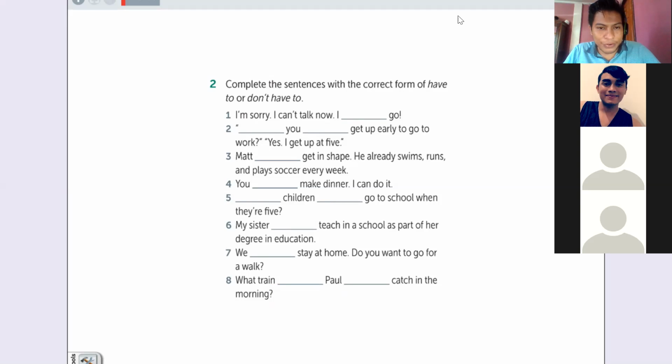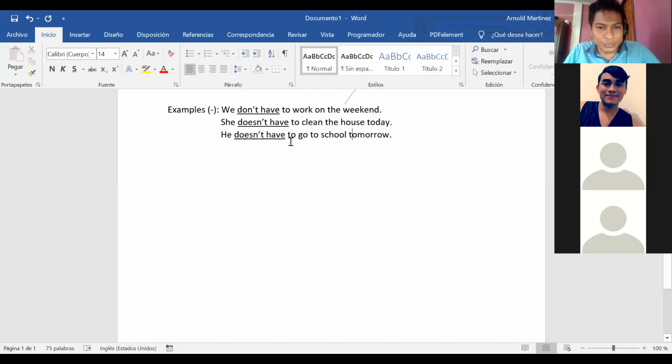For example, here, he doesn't have to. Can you see what I'm sharing? The Word document? Yes. Look, in here, this is have to, right?